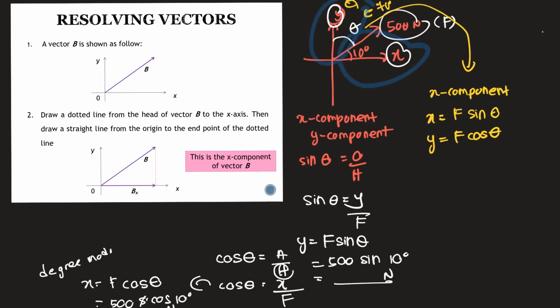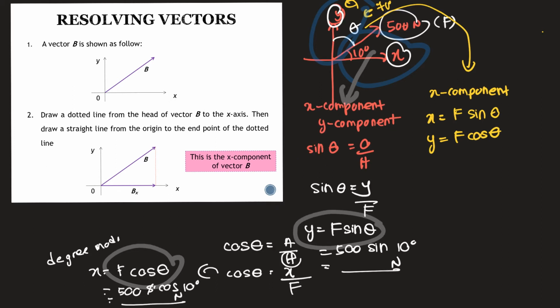I do encourage students, if you feel that you easily make a careless mistake, make sure that you always find the angle that touches the y-axis, because you know that when it comes to x, it is going to be cos like this, and when it comes to y, it is going to be the sine component. Got it? Make sure that you master this before we proceed with the calculations.